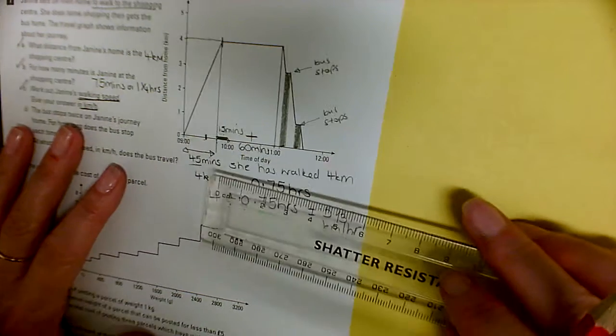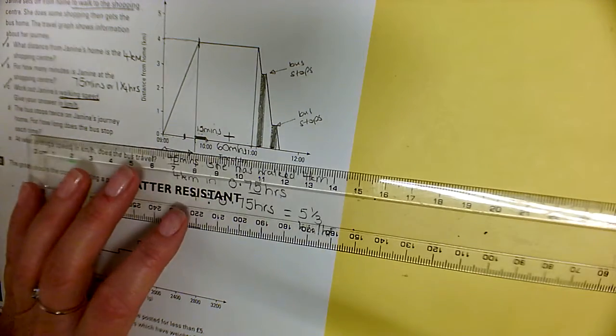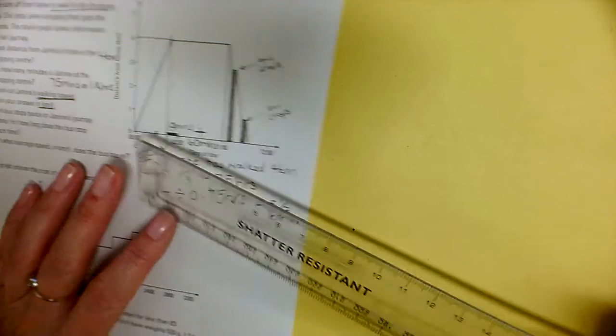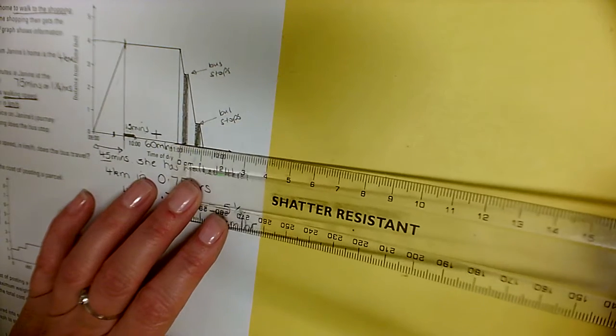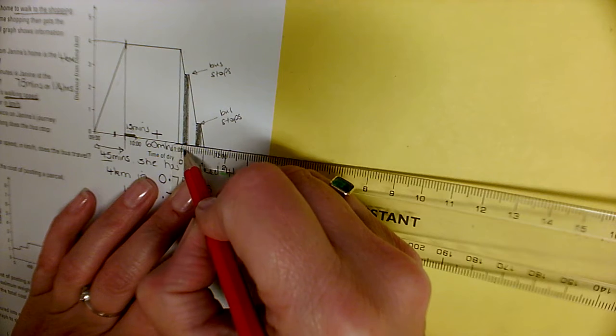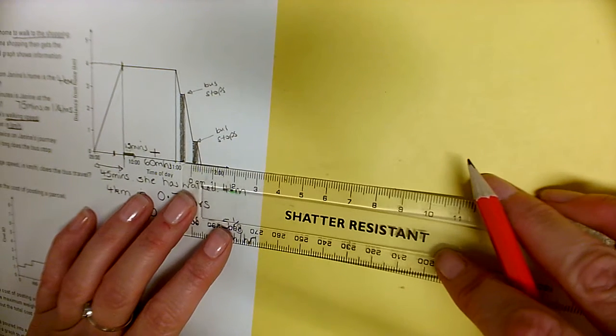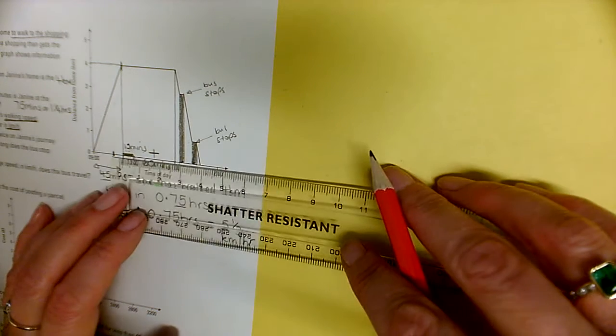So let me just move this across so I can get my ruler in, which isn't really working. Okay, so I've got on my ruler about 1, 2, sort of 2 there, and here I've got maybe 2 or 3 there.